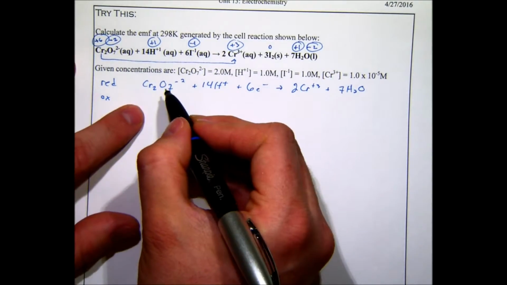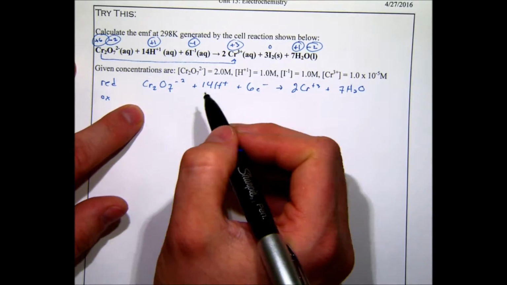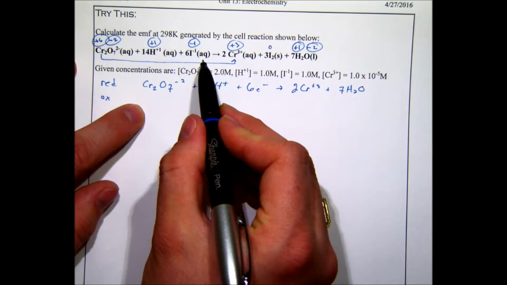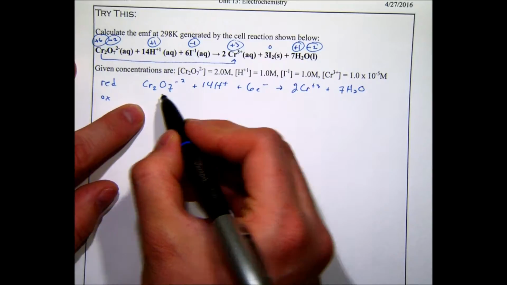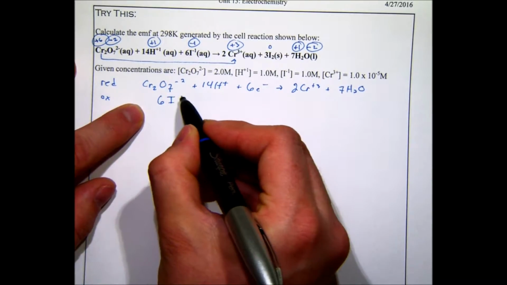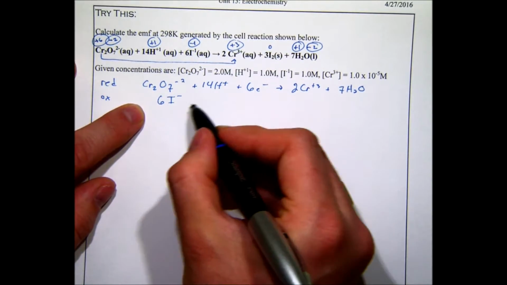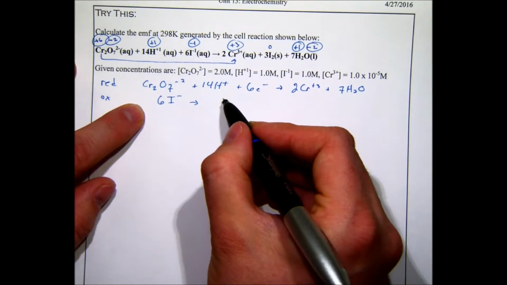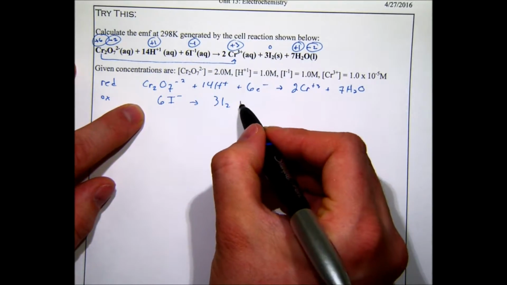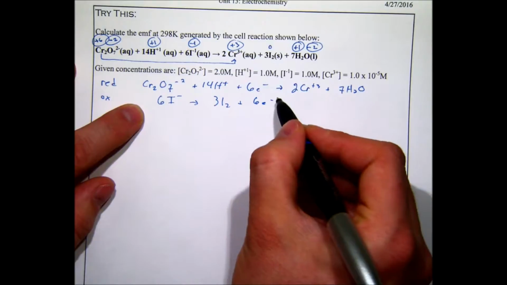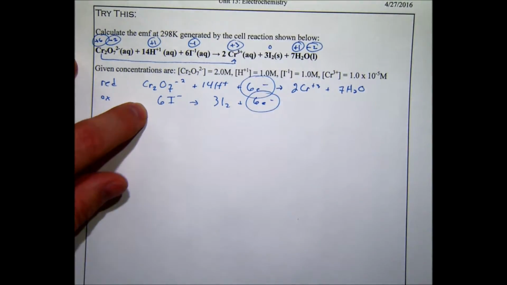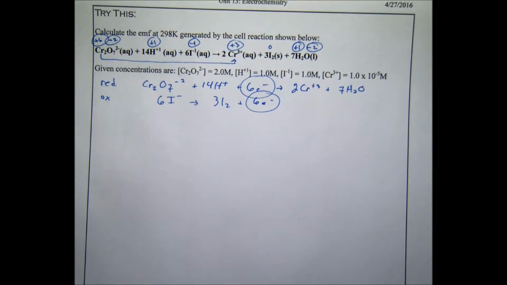Meaning the oxidation is going to take place, it looks like, of iodine. So 6 moles of I minus, just writing it from the balanced equation above, gives me 3 moles of I2 plus 6 electrons. You can tell it's already been balanced because the electrons are working out well.